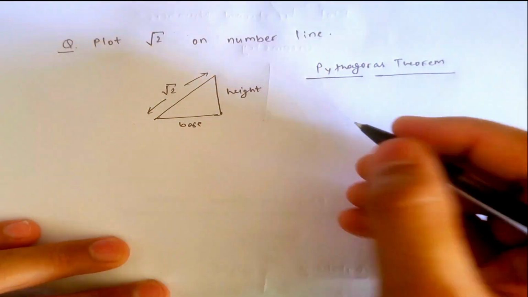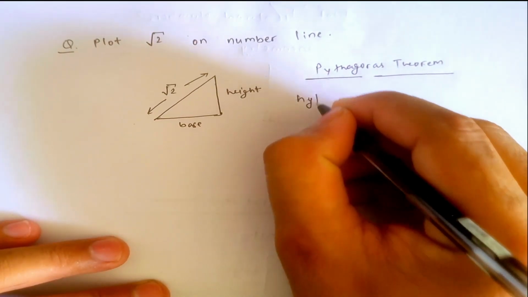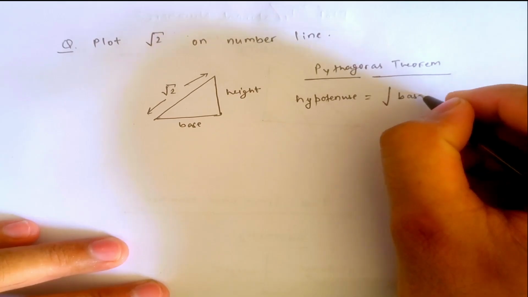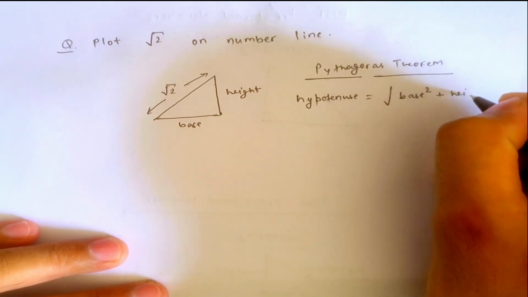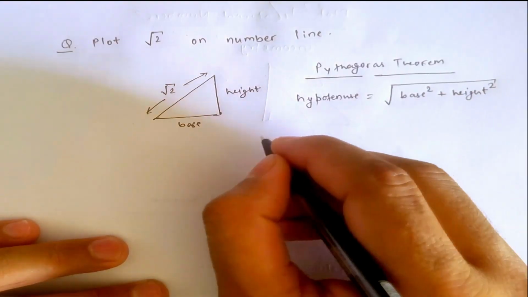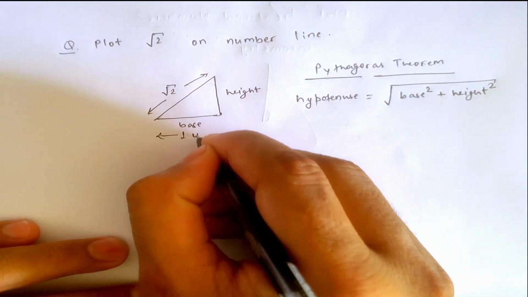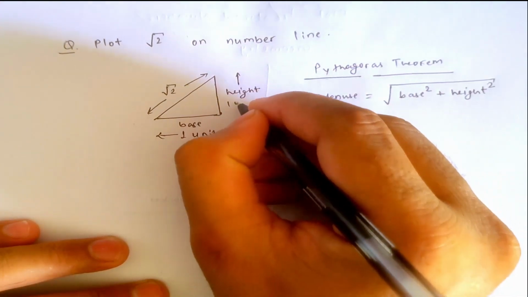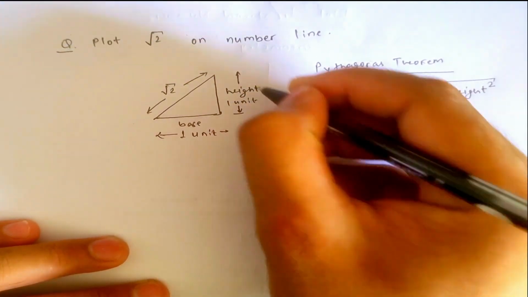We know that from Pythagoras theorem, our hypotenuse is equal to square root of base square plus height square. So our perfect choice for base is 1 unit and 1 unit for height as well.